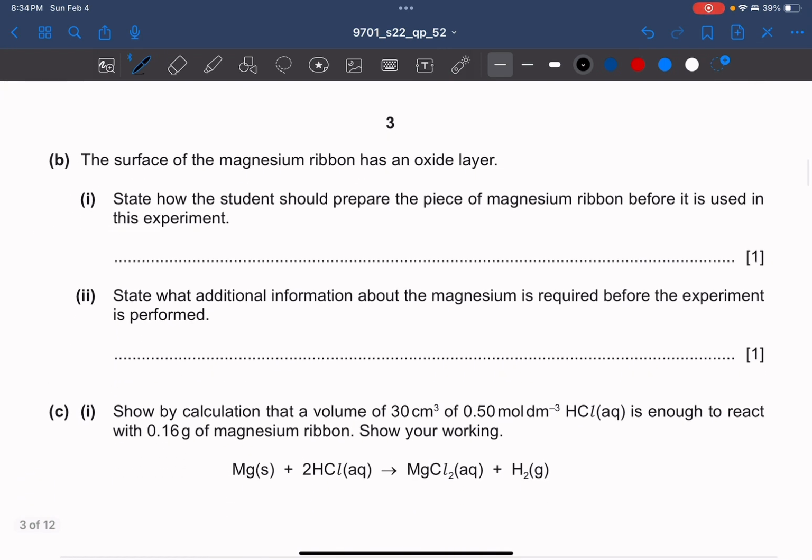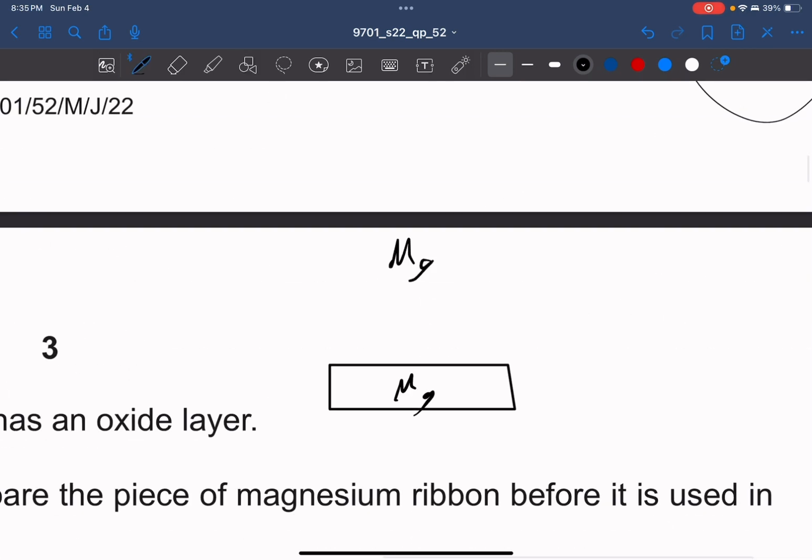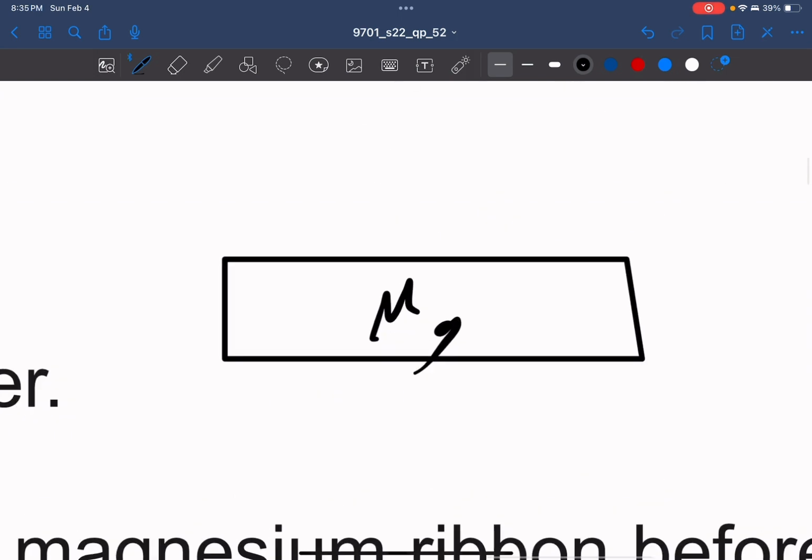Okay, so next question. The surface of a magnesium ribbon has an oxide layer. This is actually one of another IGCSE concept. So basically, if you have Mg as a metal, it easily reacts with oxygen to form MgO, which is an oxide.